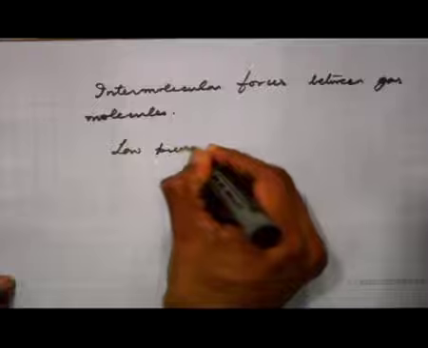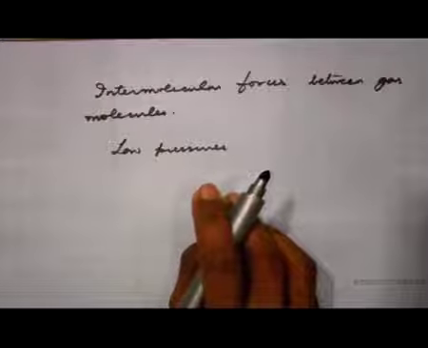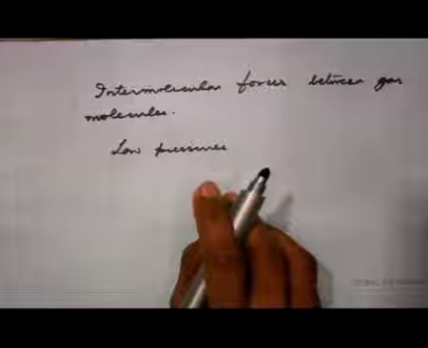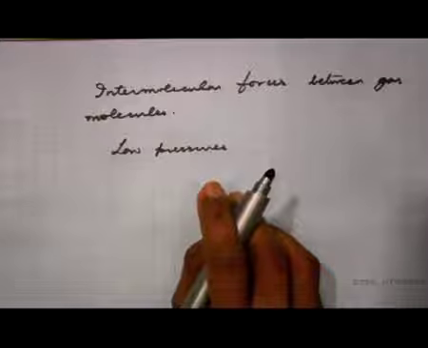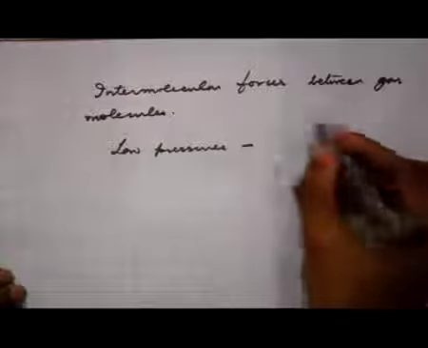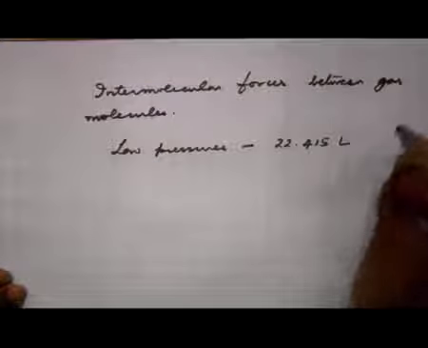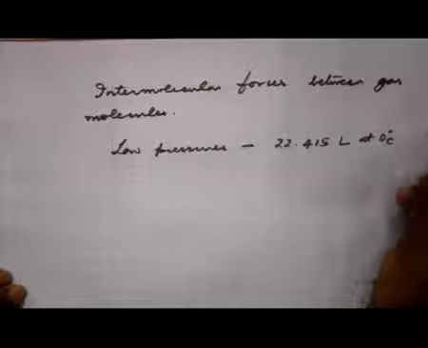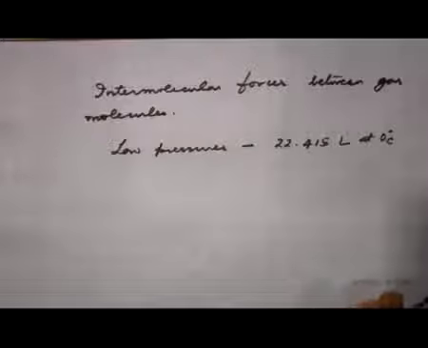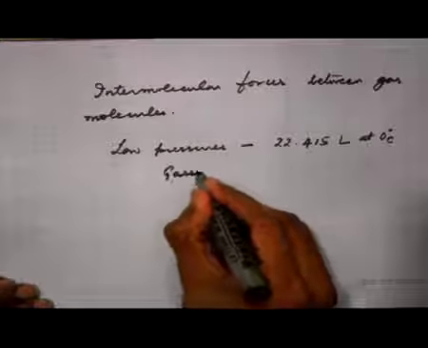If you go to low pressures, so you decrease the pressure, rather than look at it at 1 atmosphere, then you will find that the molar volume for all gases works out to be 22.415 liters at 0 degrees. But for convenience we will say 22.4 liters. So, as long as the pressure is much lower, gases behave ideally.